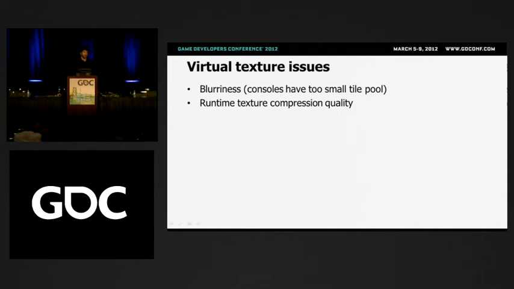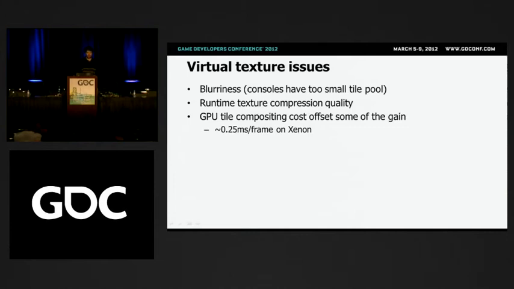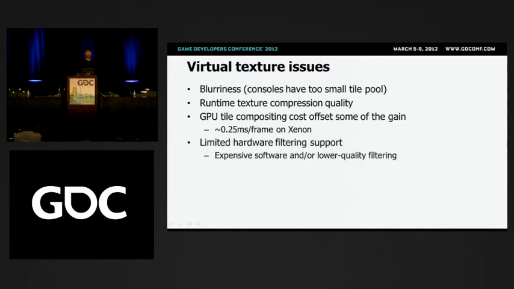The texture compression, DXT5, has quality issues, and if you compress it at runtime, it's even worse, because you have to trade quality for speed. The cost of maintaining the virtual texture offsets some of the gain, but not nearly all of it, so it's under control there. One thing with virtual texture is that there is no hardware support for it.